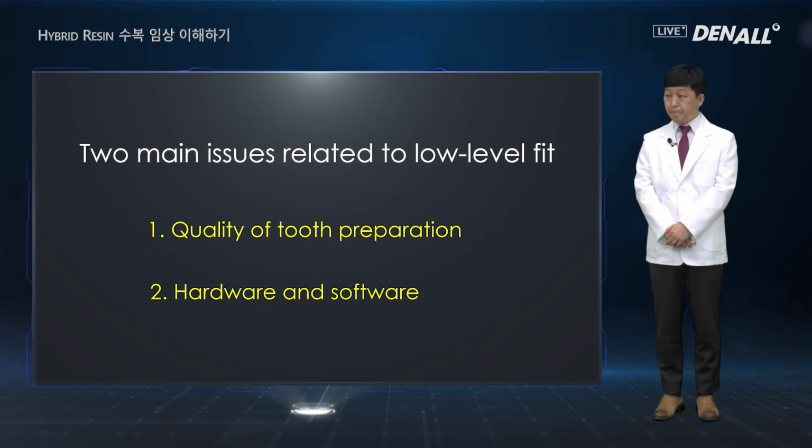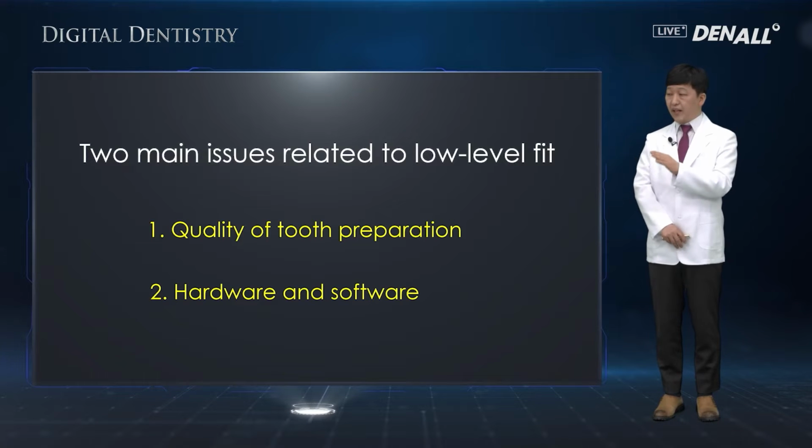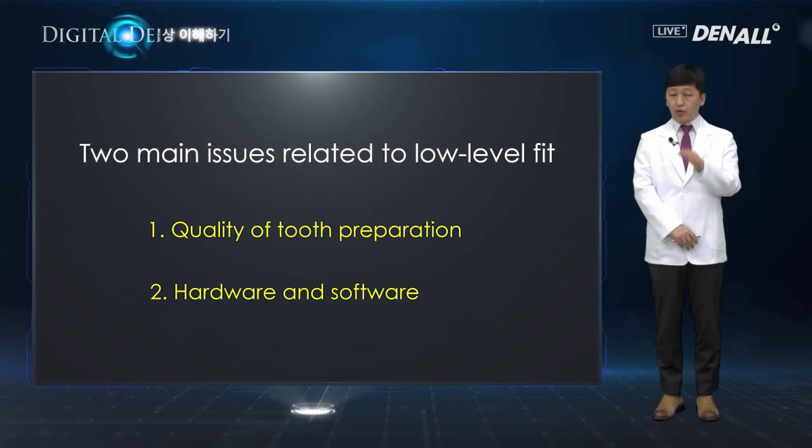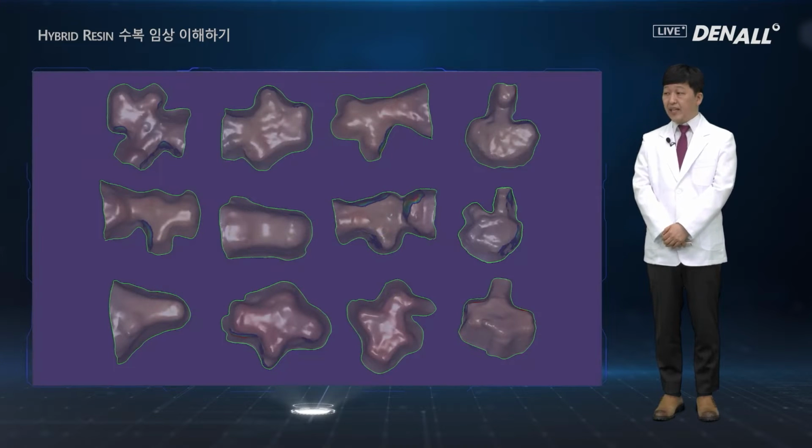Second is because of hardware and software issues. As mentioned earlier, if you use a milling machine with thick burr, low-level fit restorations can result. In terms of CAM software, depending on which software you use, with connector or without connector, these factors can influence low-level fit.